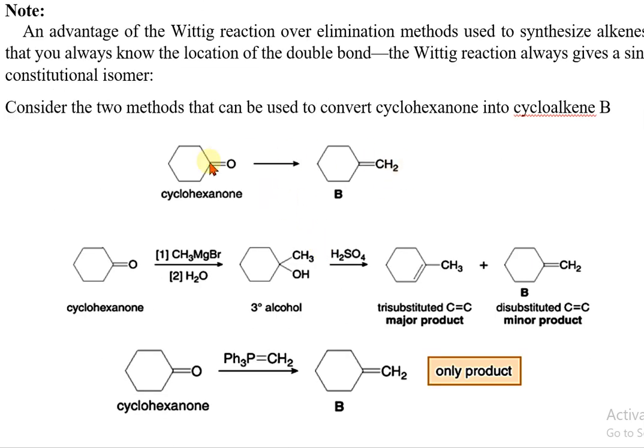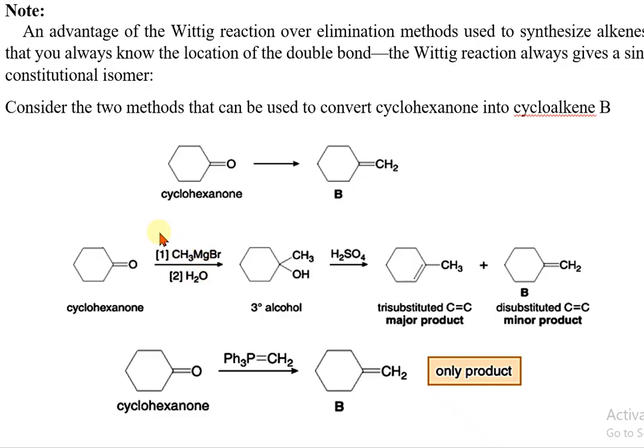For this example, if we want to prepare this alkene from the cyclohexanone, there are two methods. One of them uses a Grignard reagent.